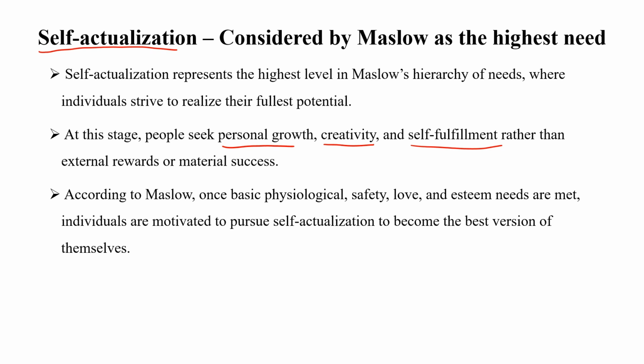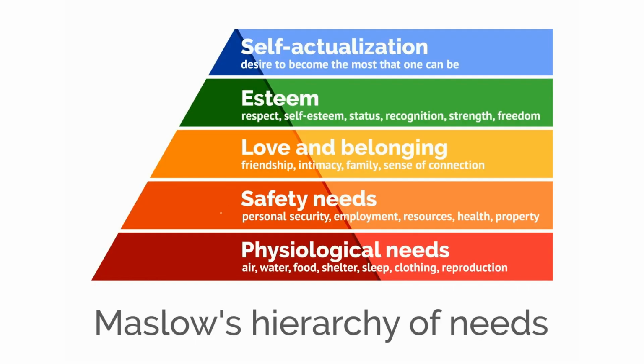According to Maslow, once basic physiological, safety, love, and esteem needs are met, individuals are more motivated to pursue self-actualization, to become the best version of themselves. This is from the hierarchy of needs given by Maslow.